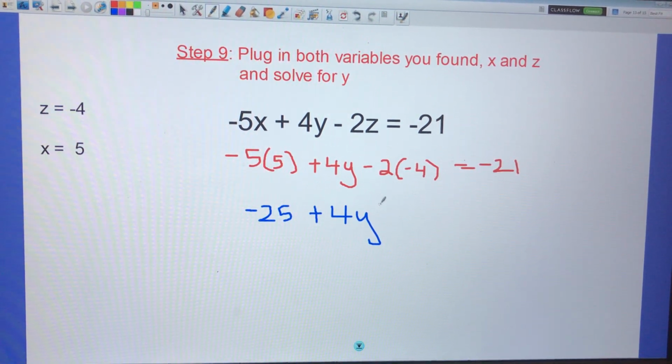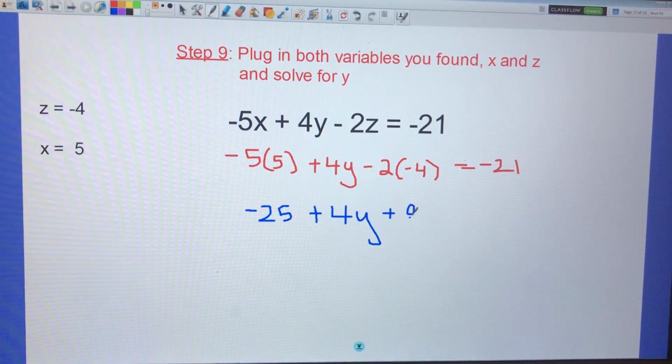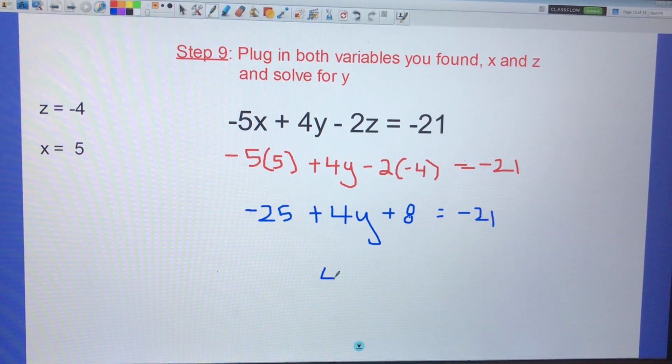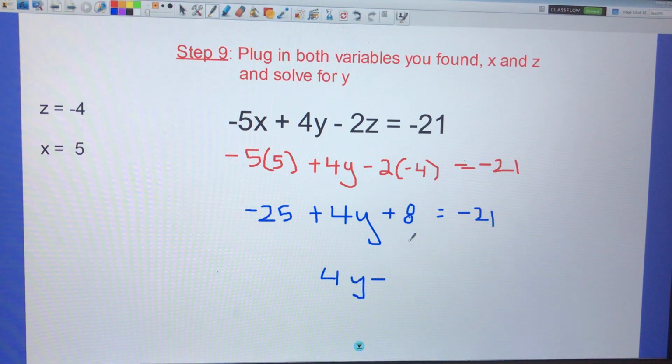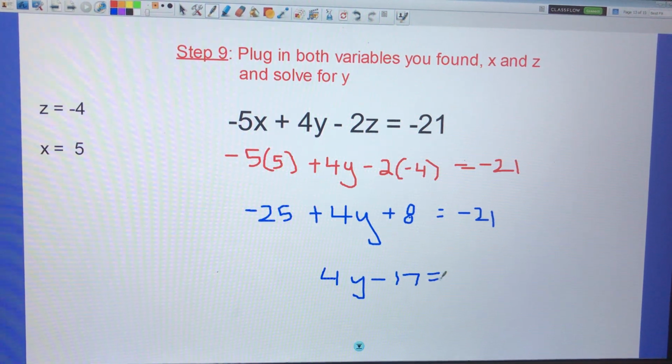Negative 2 times negative 4 is positive 8 equals negative 21. Combine like terms, and I get 4y minus 17, negative 17, I'm sorry, equals negative 21.